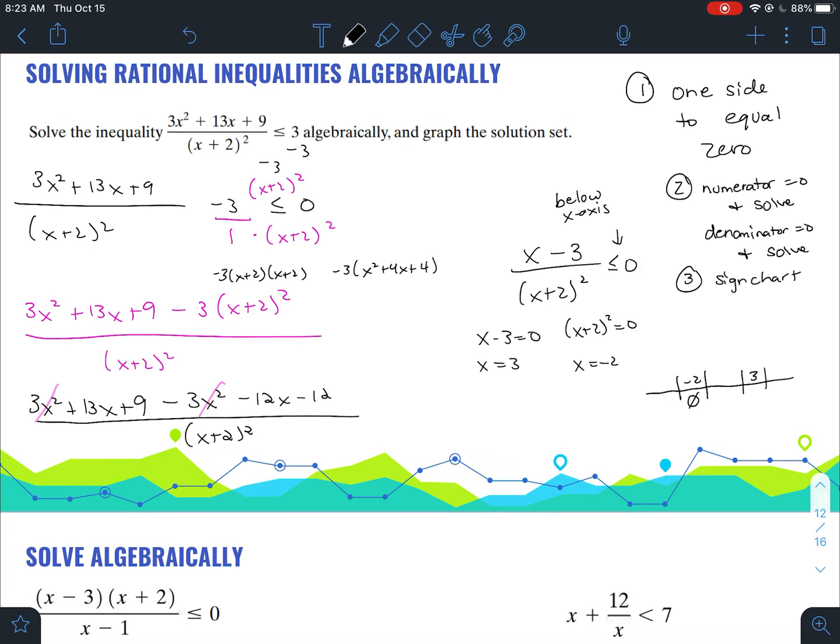At negative 2, my graph is undefined because that makes my denominator 0. At 3, my graph is at 0 because that's what makes the numerator 0. So I'm going to test negative 10, I'm going to test 0, and I'm going to test positive 10 because I want to know what's happening on each side of those. So if I test those, I'm going to plug them into (x minus 3) over (x plus 2) squared.